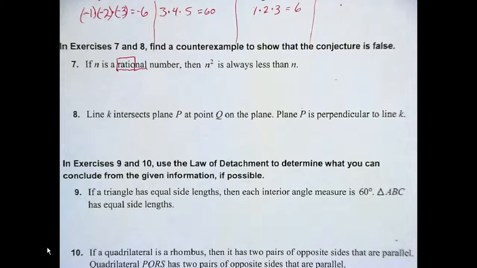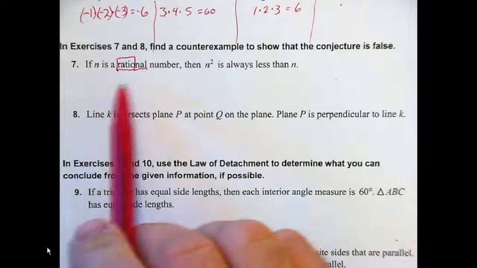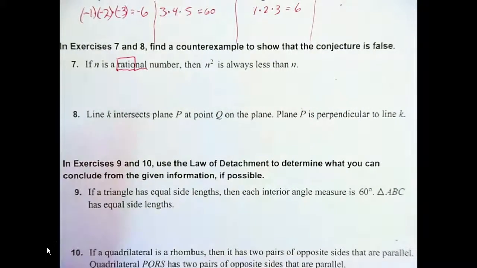What type of number? Like a fraction. Yeah, a rational number is any number that can be written as a fraction. So if n is a rational number, then n squared is always less than n. So if n can be expressed as a fraction, n squared is always less than n.